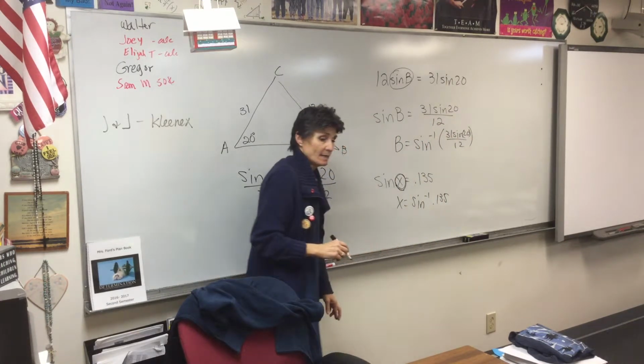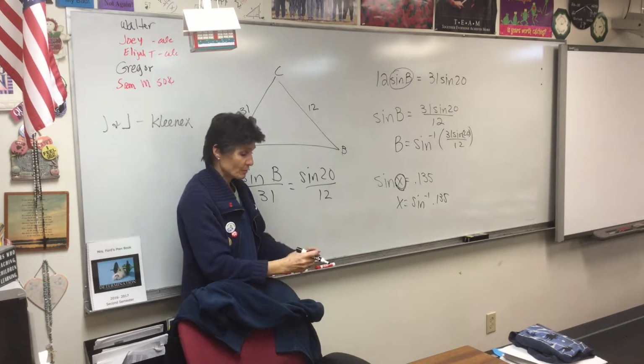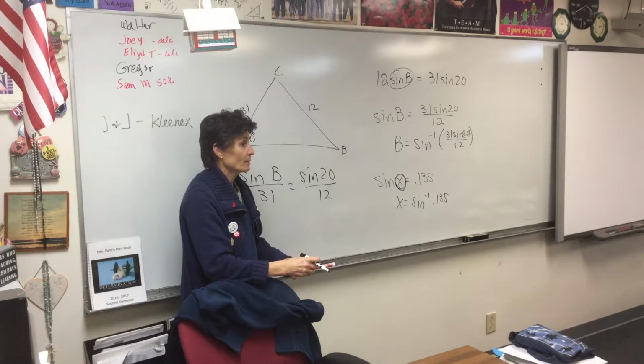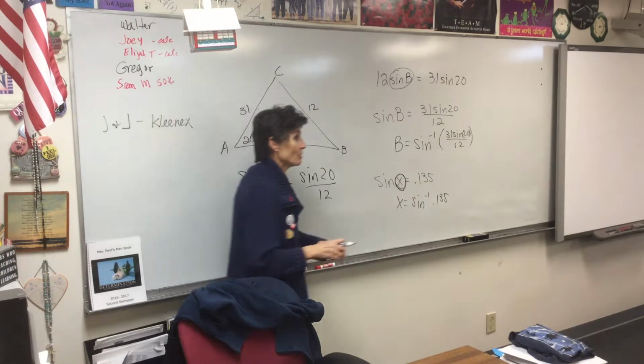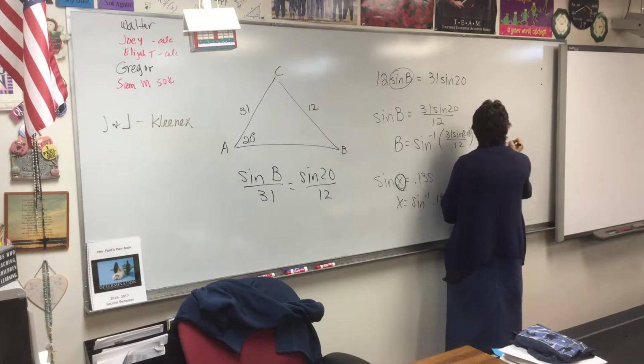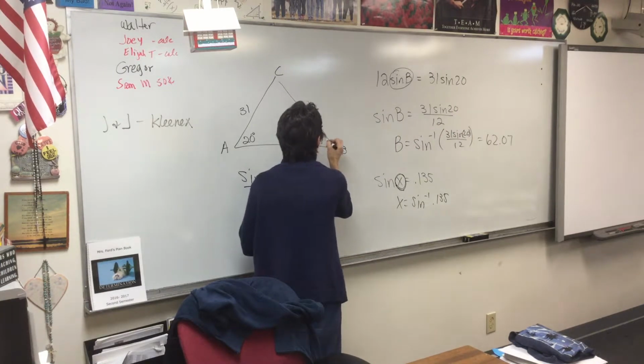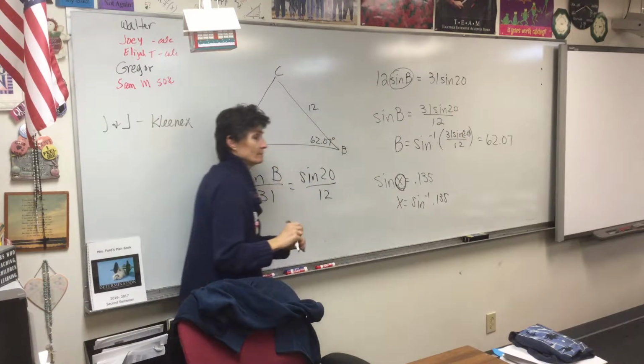Divided by 12. And tell me what happens. What did you get? 62.07. I want confirmation from somebody. So what you're saying to me is angle B is 62.07. This angle is 62.07.